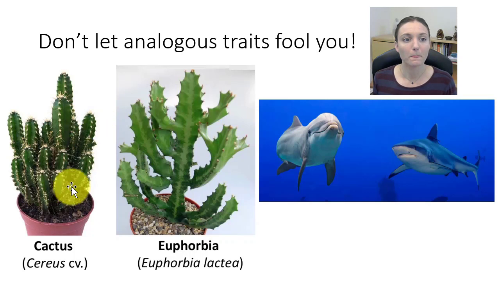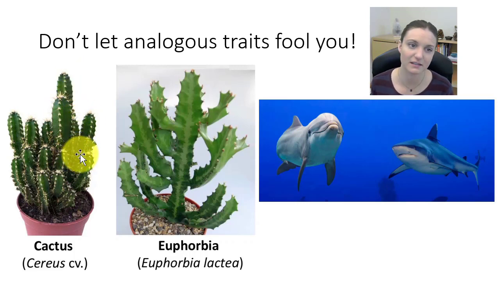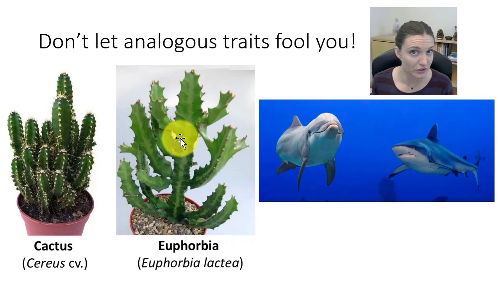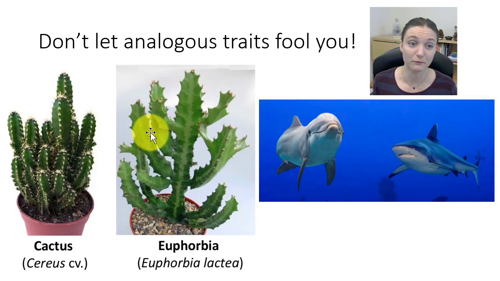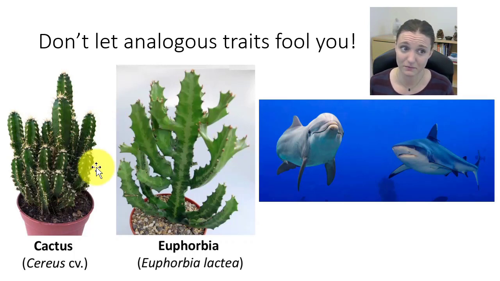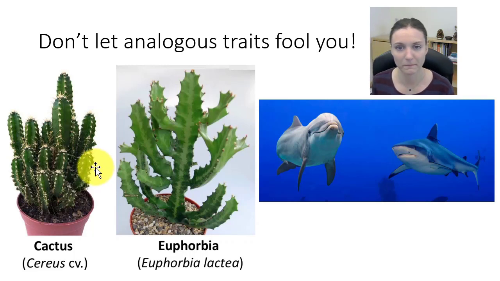These two organisms don't share the spines and the overall growth pattern because they share a recent common ancestor. They share those structures because they faced similar environments in which these structures were favored. So analogous structures can make building phylogenies tricky if we assume the similarities are due to shared ancestry instead of shared environmental pressures.